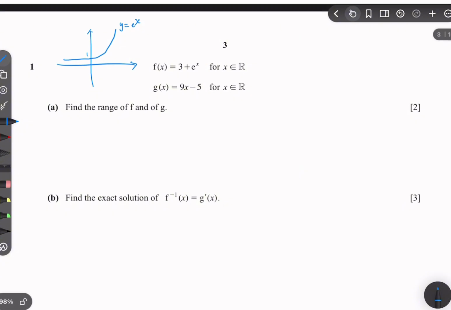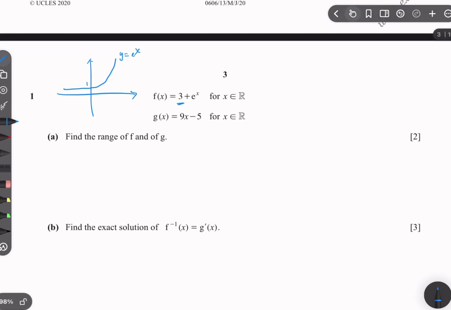Now for f(x), you have to shift this graph up by 3 because it's positive. So the y-intercept will be 4 for 3 plus e^x. So it will actually be like this. And then the line of asymptote will also move up by 3.